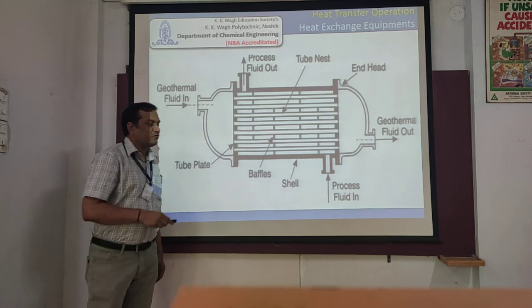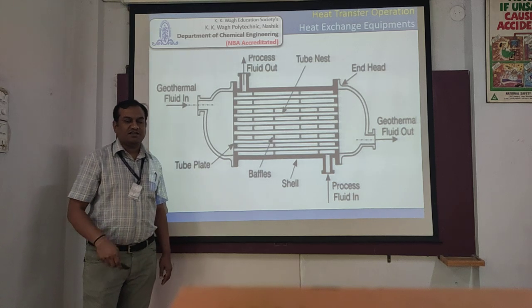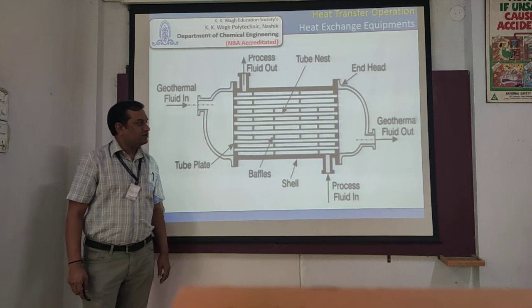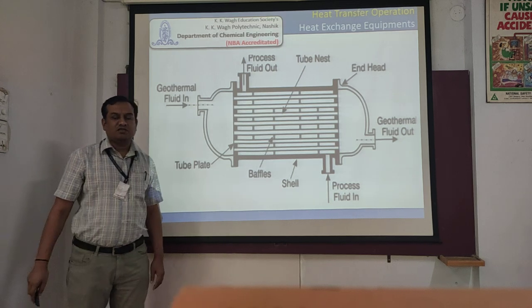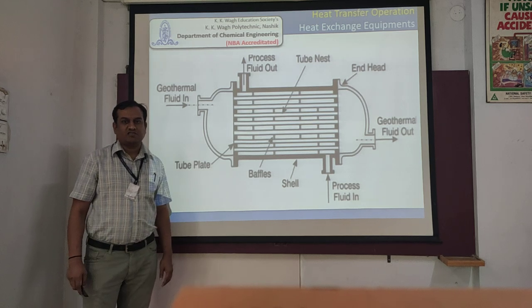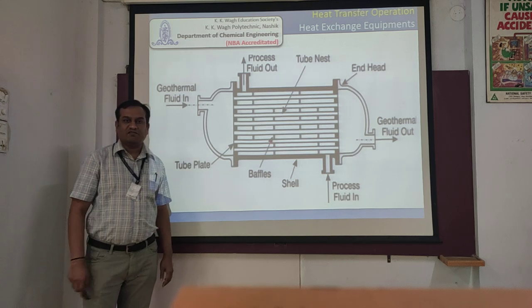So to pass that fluid, 25% of the baffle is cut, and that is also called a 75% segmental baffle, right? To increase the turbulence of the process fluid, to increase the rate of heat transfer, to increase the heat transfer coefficient, we have to use these baffles.